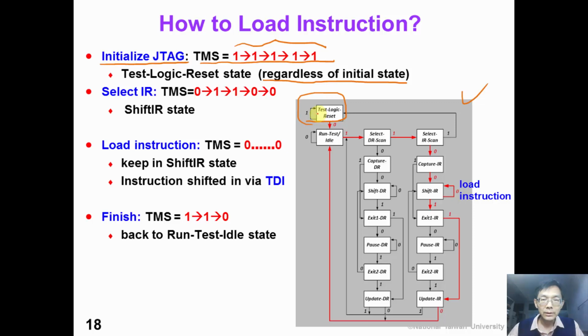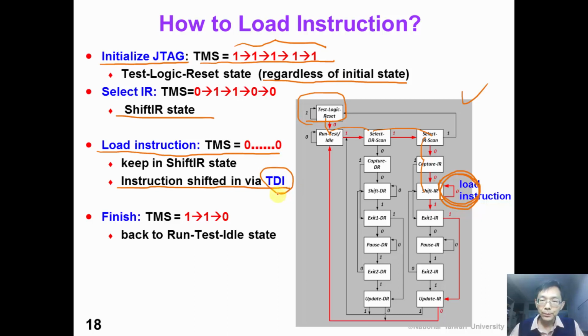Now, starting from this test logic reset state, we can apply a TMS sequence of 0, 1, 1, 0, and 0, which will bring us to the shift IR state. In this state, we can now load the instruction. When we load the instruction, TMS is 0 all the time, so we can keep in the shift IR state, and our instruction code can be shifted in via the TDI input.